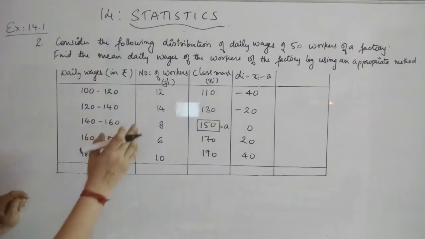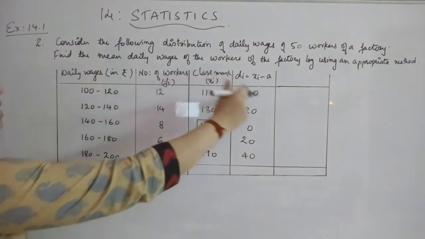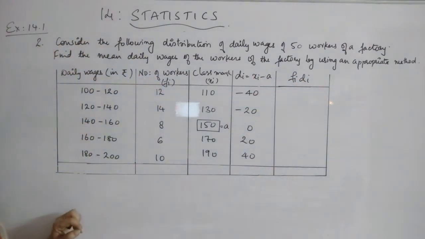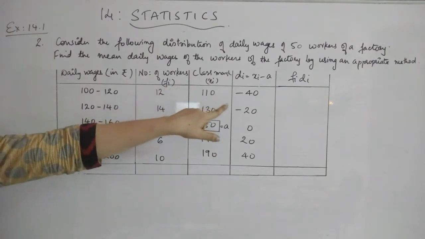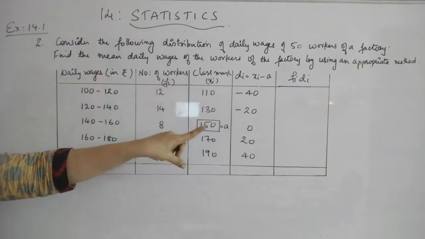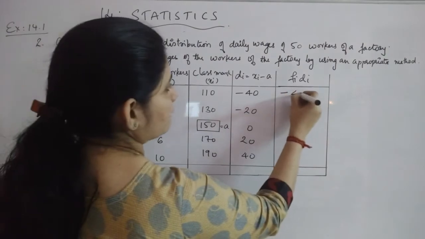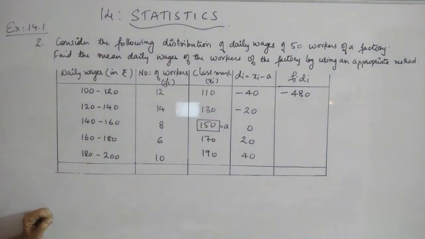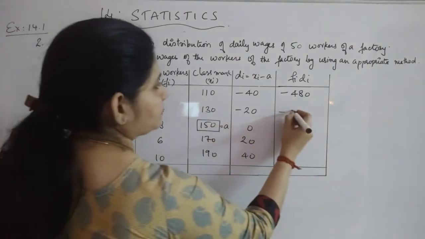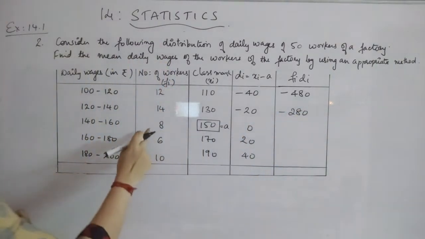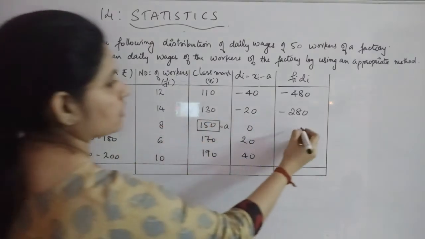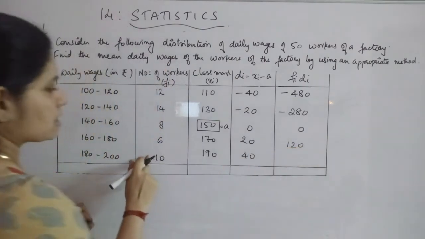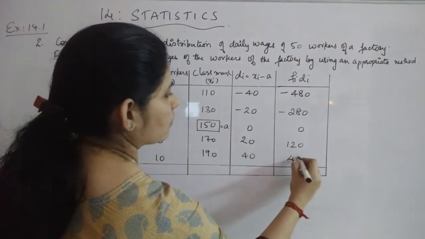Now we can multiply Fi with di, that is Fi di will be the next column. So 12 into minus 40, 12 into 4 is 48, so this will give you minus 480. Then 14 into minus 20 will give you minus 280. Again 8 into 0 will give you 0, 6 into 20 is 120, and 10 into 40 is 400.